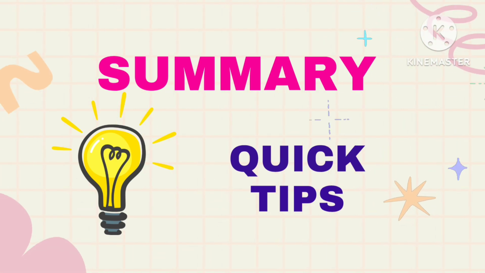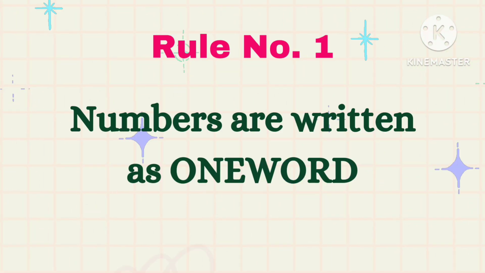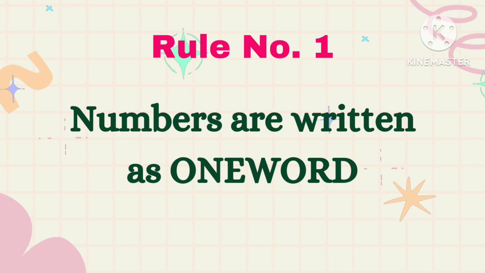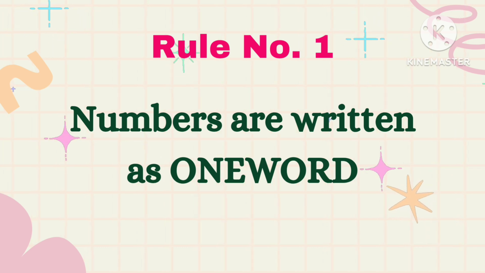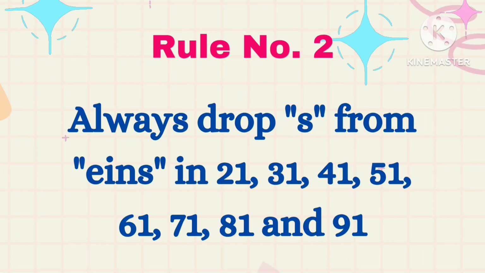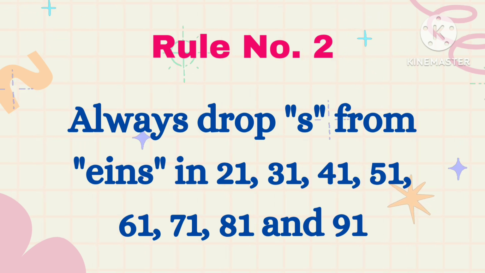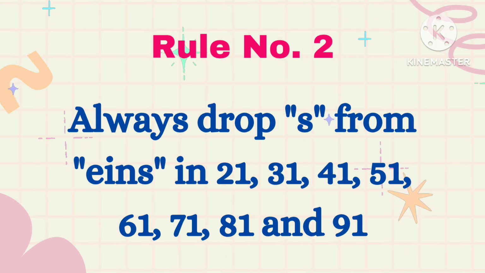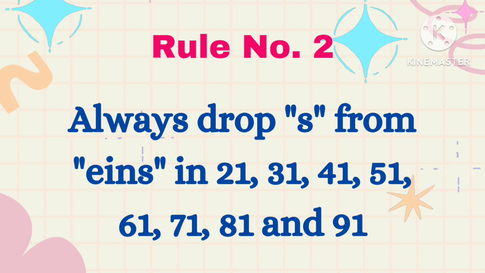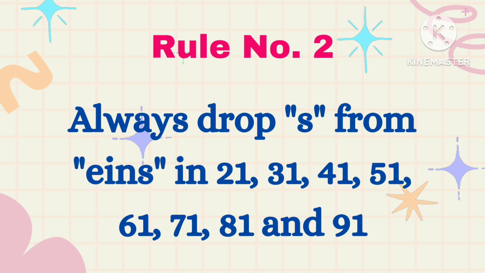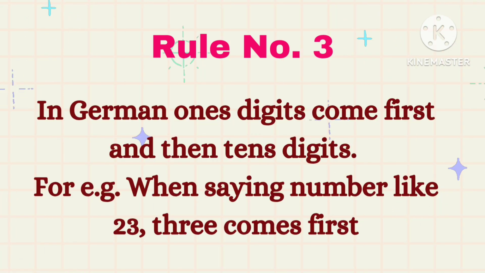Summary of quick tips. Rule number 1. Numbers are written as one word. Rule number 2. Always drop S from eins in 21, 31, 41, 51, 61, 71, 81 and 91.